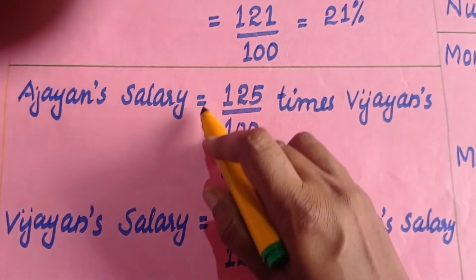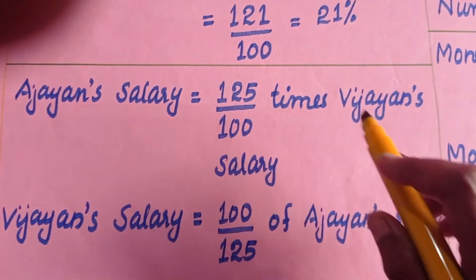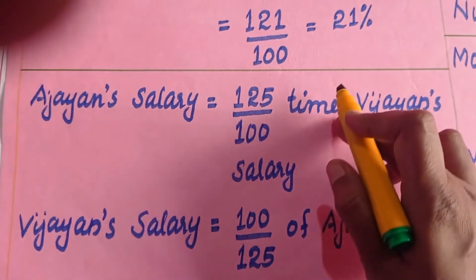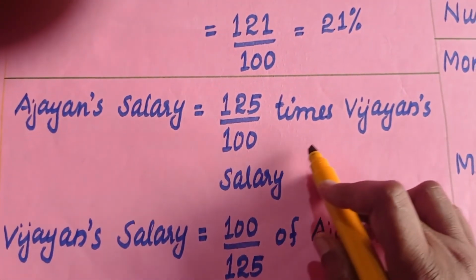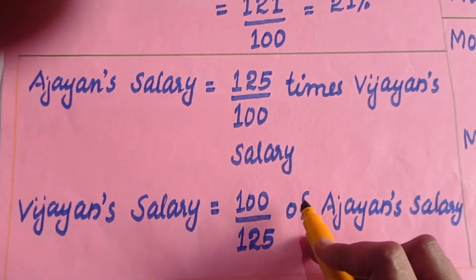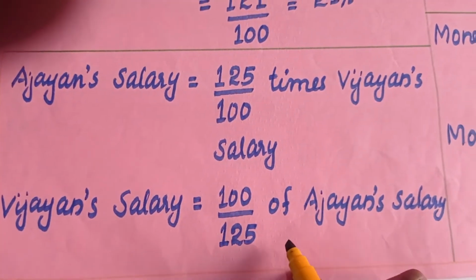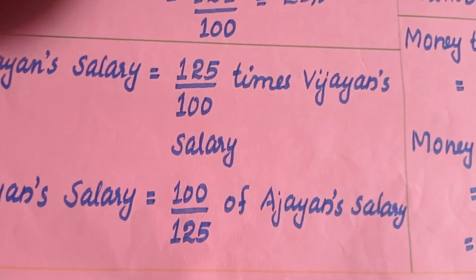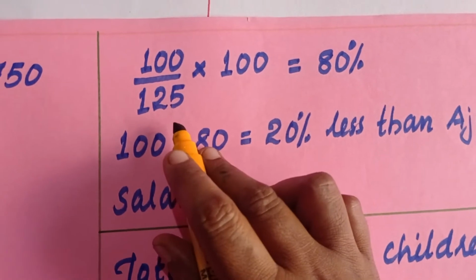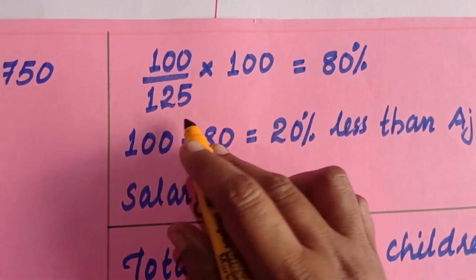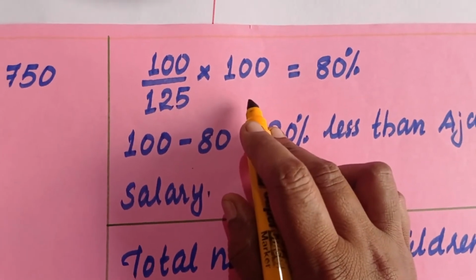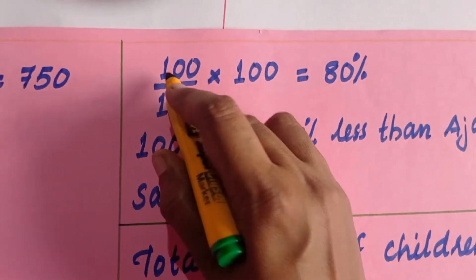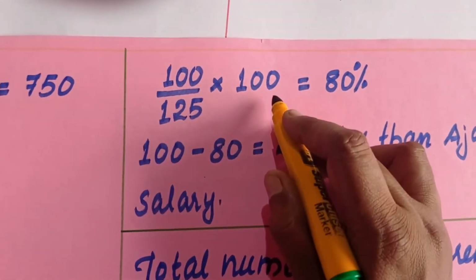To get the percent, we take 100 times this part. That is 100 by 125 into 100.